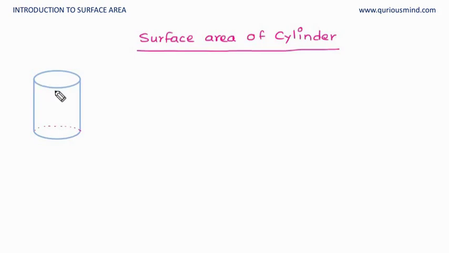Now let's say this is a paper cylinder, and if we make a cut here, then it turns out that this is actually a rectangle. And if you remember the net of a cylinder, it consisted of a rectangle and 2 circles. The curved surface gets converted into a rectangle, and let's draw that first.